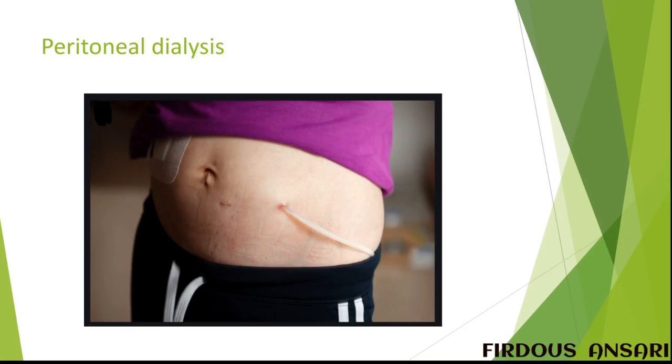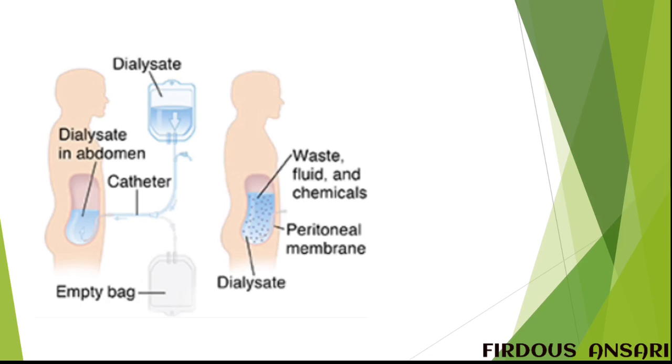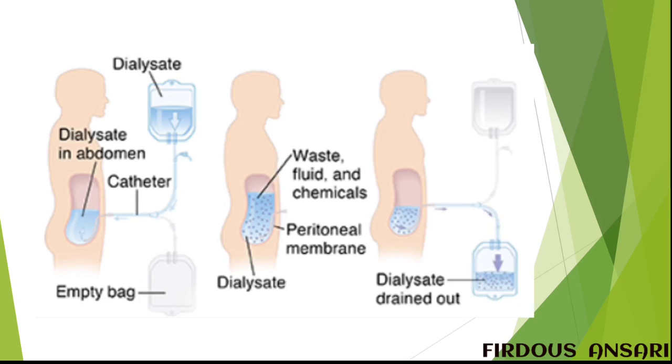A peritoneal catheter is placed surgically. The dialysis fluid is pumped into the peritoneal cavity where waste metabolites in the body fluid are discharged rapidly. The dialysate is drained and fresh dialysate is reinstilled and then drained periodically.